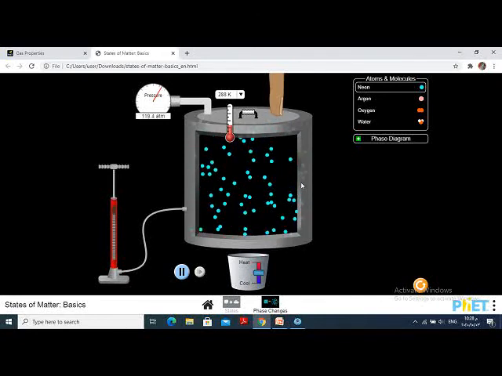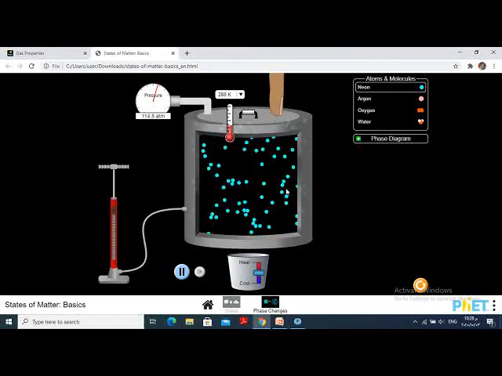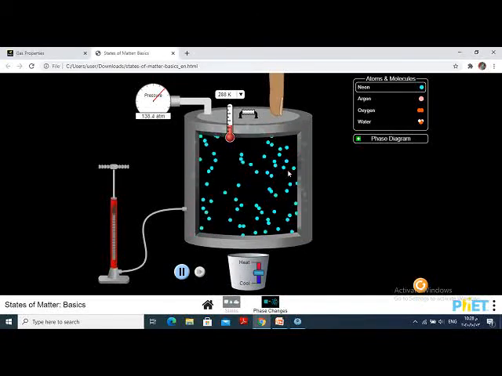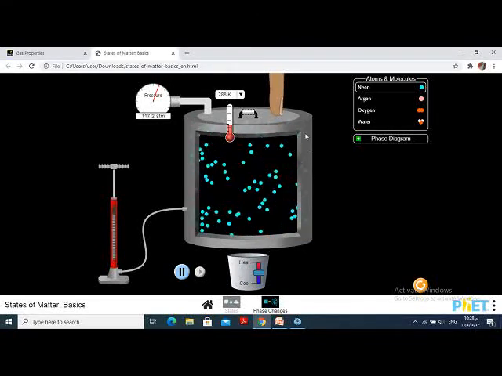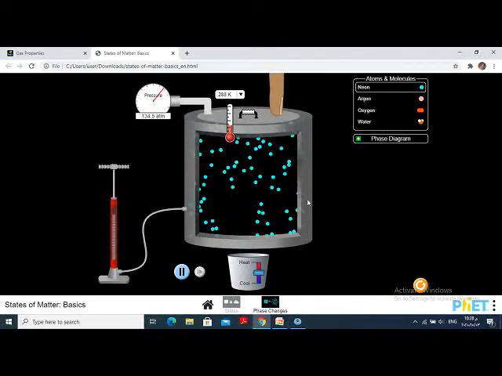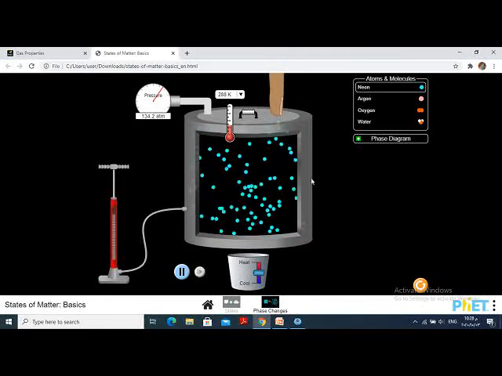Look at the particles: we have a collision between the particle and the wall of this container, and the particle applies a force on the surface area, and that is the meaning of pressure.